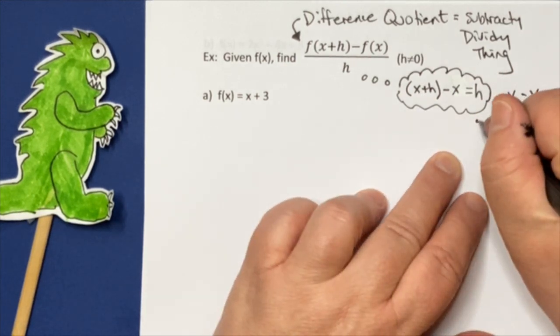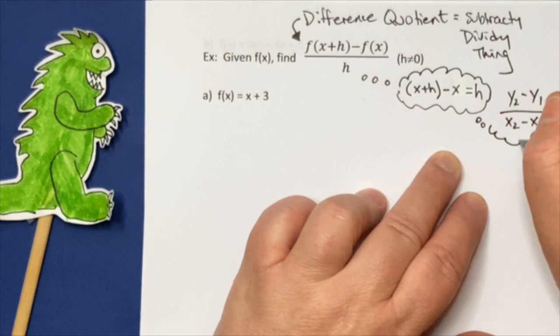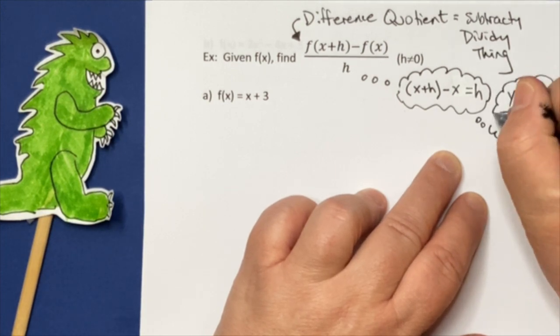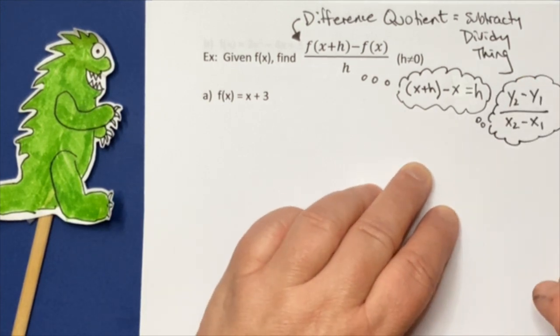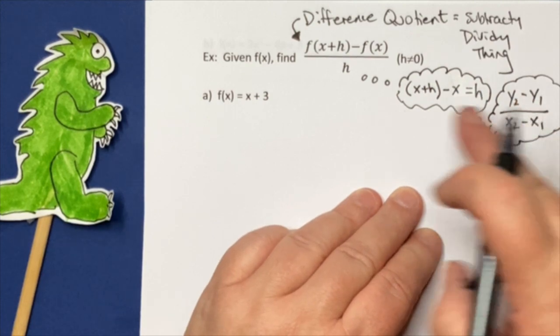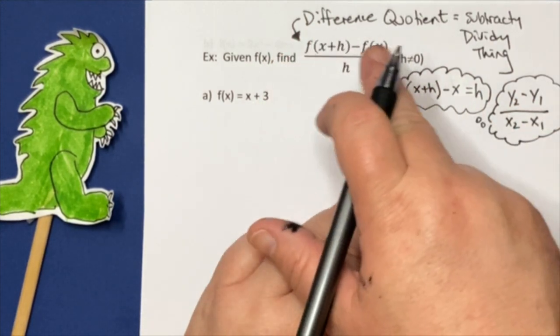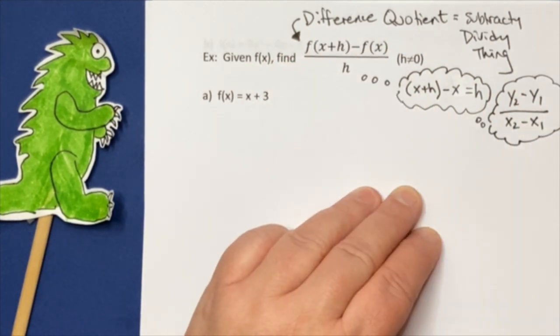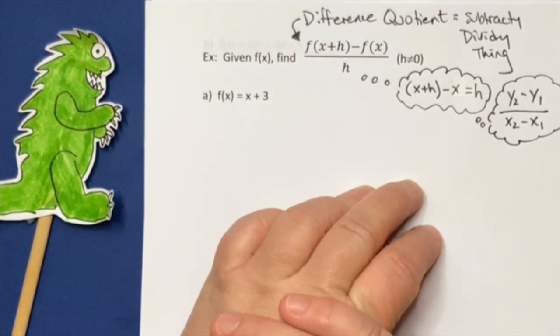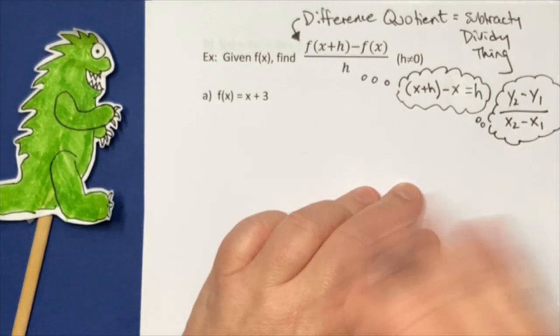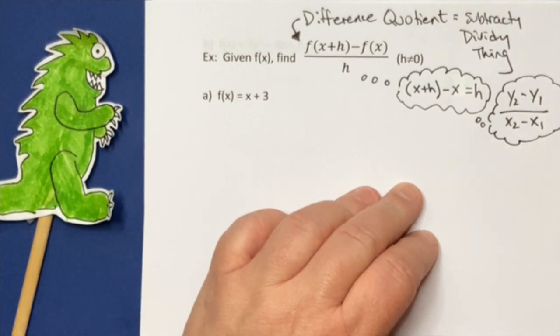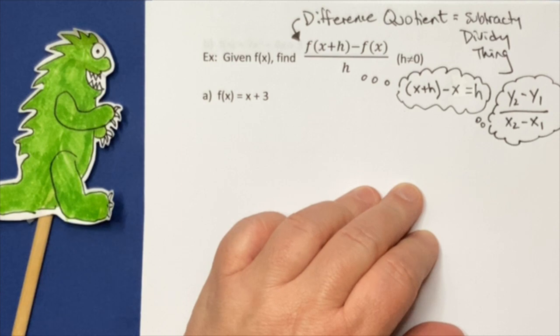These are the two pieces that make this just a slope. But for right now, when you're just first learning this, you don't have to worry about the slope. You don't have to worry about anything. The big question is going to be learning how to evaluate this.